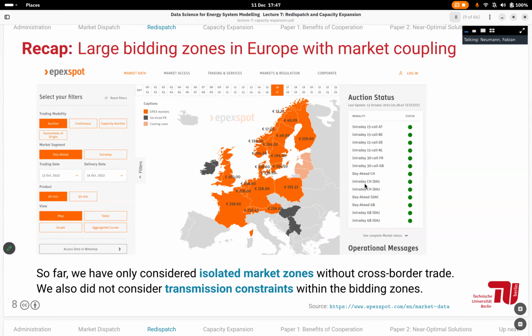And for the trade between the different market zones, there are some constraints about how much you can trade, and that is linked to the physical capacities of the grid. It's a bit more complicated in reality, but in general, you have some form of transmission constraints between them incorporated into the market and how the different market zones are linked with one another.